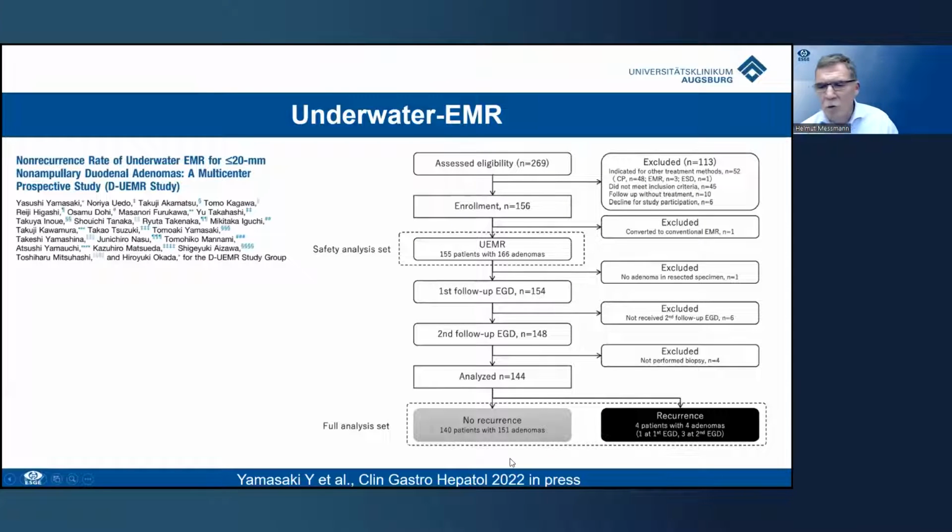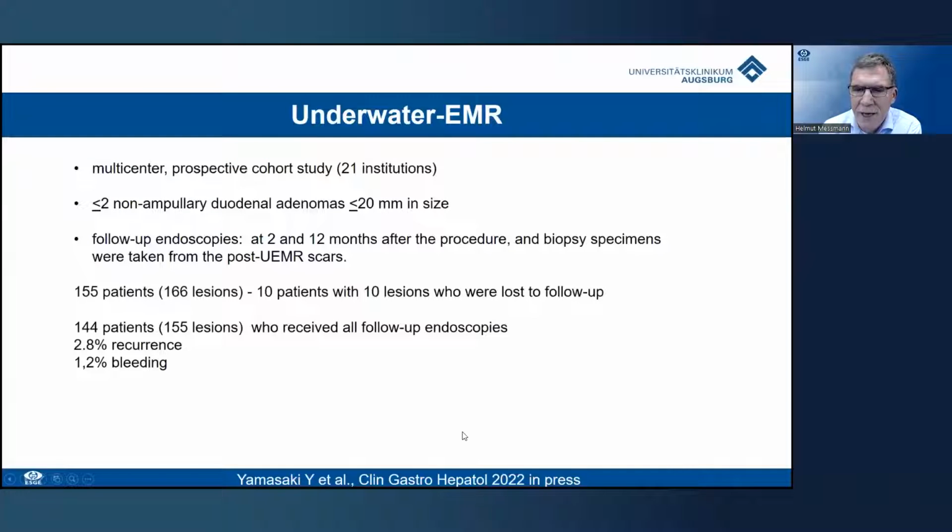Underwater technique, also just one trial showing underwater EMR for polyps smaller than 20 millimeters, a multi-center prospective trial, 140 patients. Interestingly, you see here non-ampullary adenomas less than 2 centimeters, with follow-up endoscopy at 2 and 12 months taking biopsies. 10 were lost.